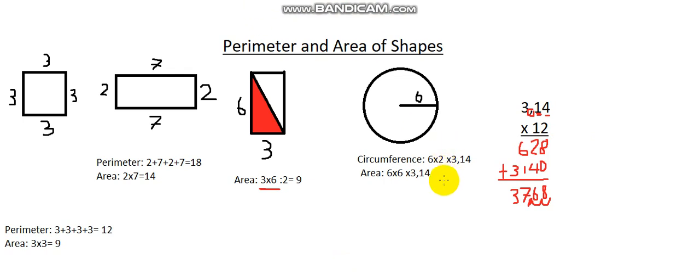How much is 6 times 6? Specifically here, 6 times 6 is 36. So I would have to do 3.14 times 36.